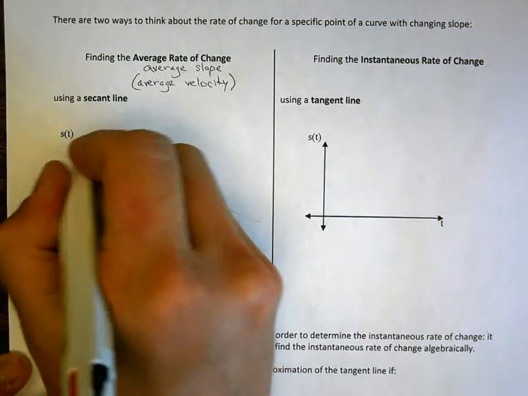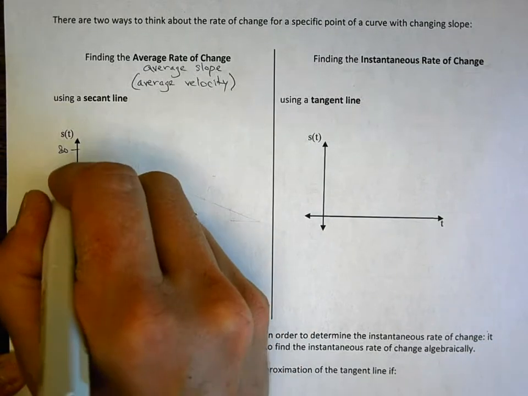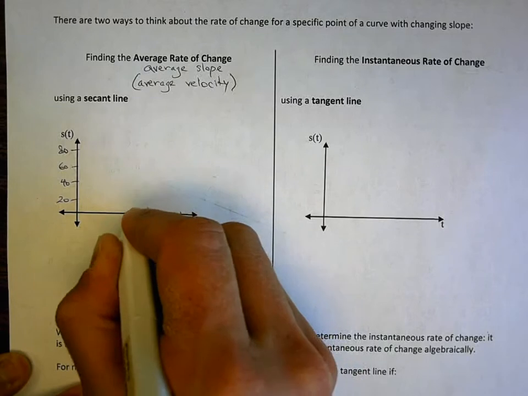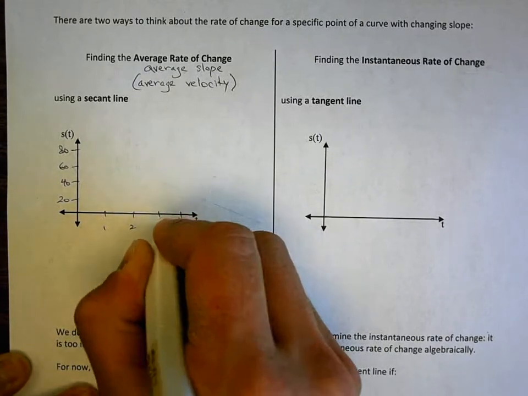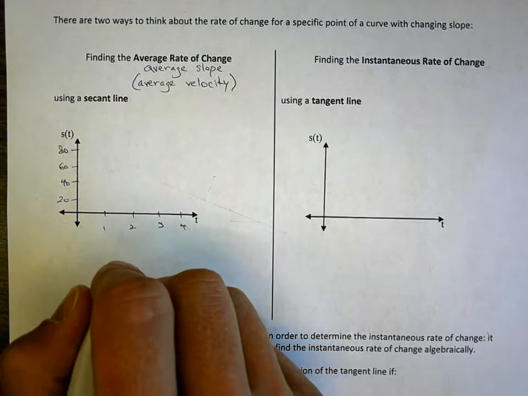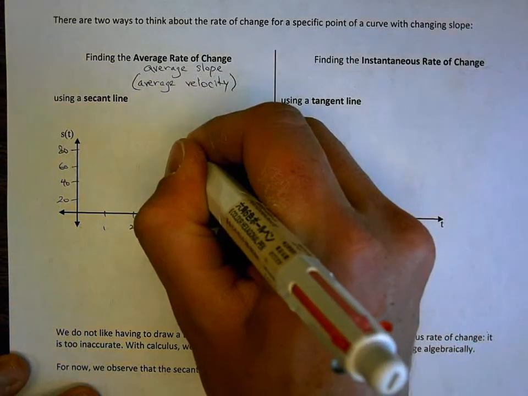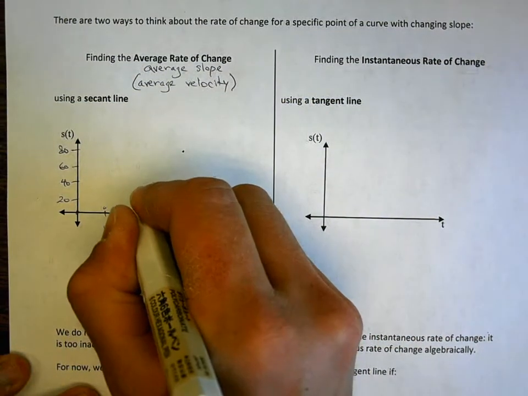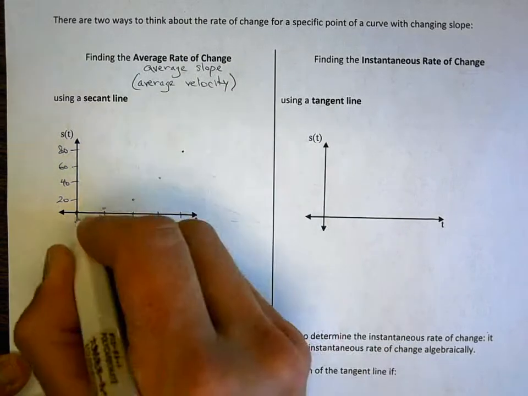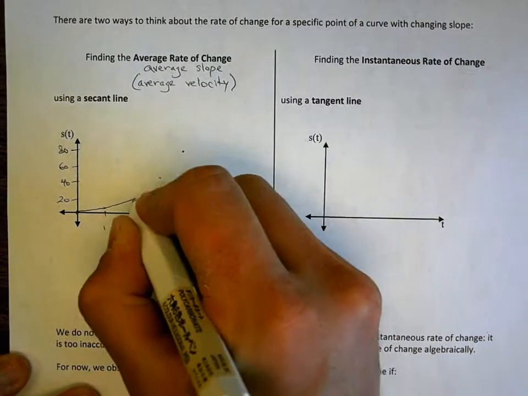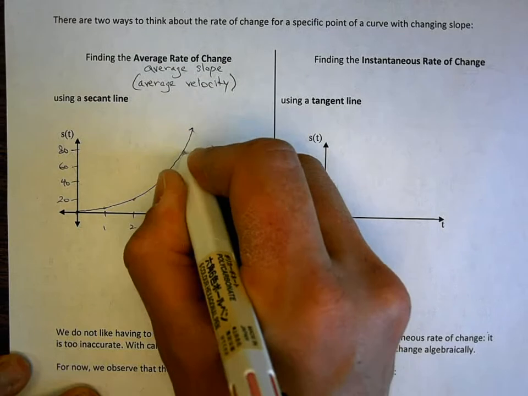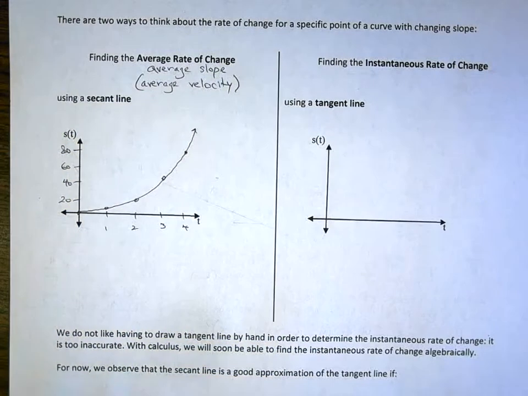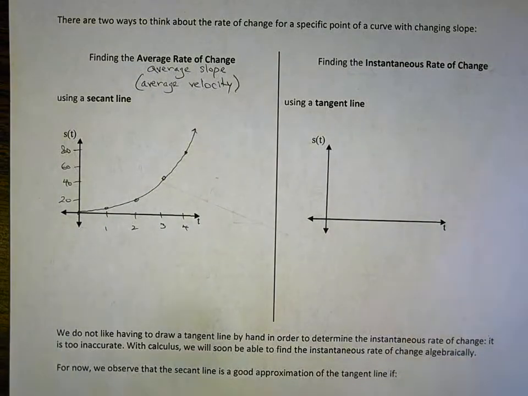So remember this graph, it went up to 80. Sorry we have to draw it again, but oh well. So it was looking something like that. So one way of figuring out the slope is to find the average.